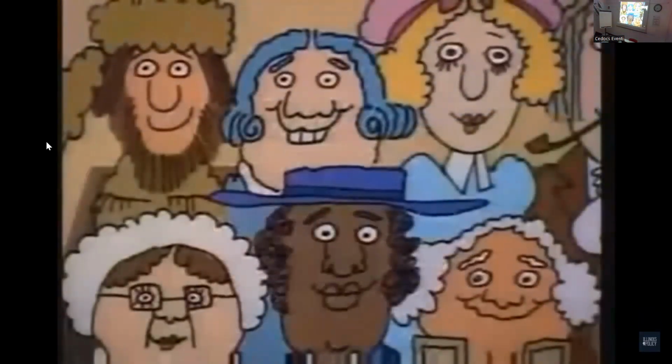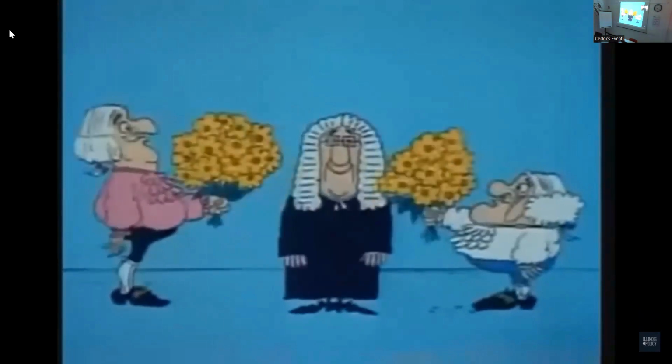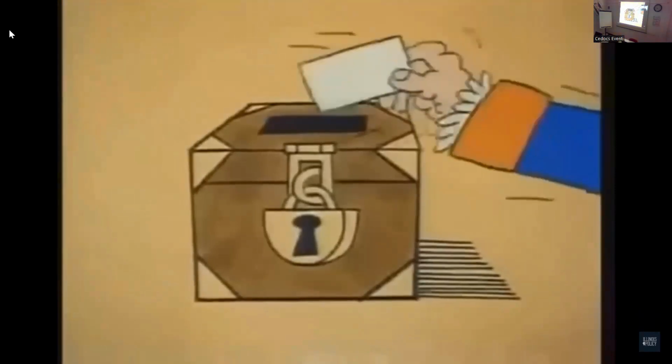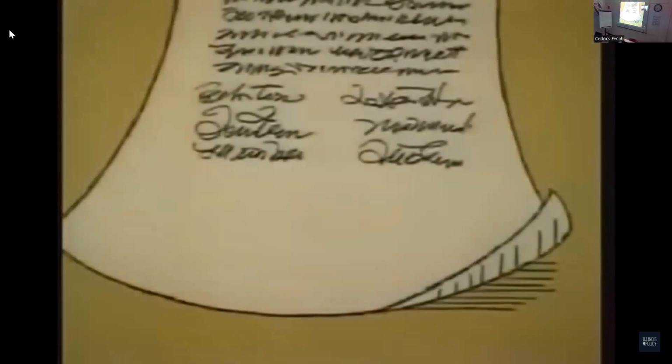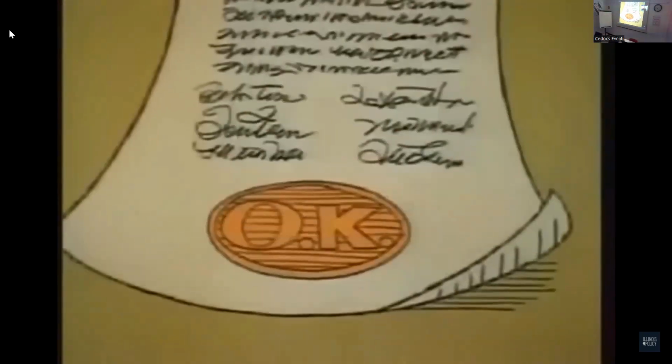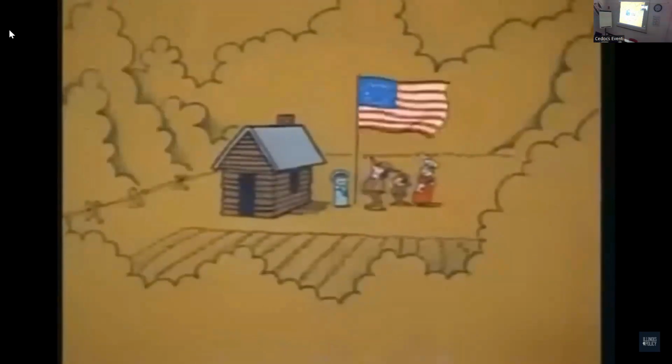The first part of the Constitution is called the preamble and tells what those founding fathers set out to do. We the people, in order to form a more perfect union, establish justice, ensure domestic tranquility, provide for the common defense, promote the general welfare, and secure the blessings of liberty to ourselves and our posterity, do ordain and establish this Constitution for the United States of America.